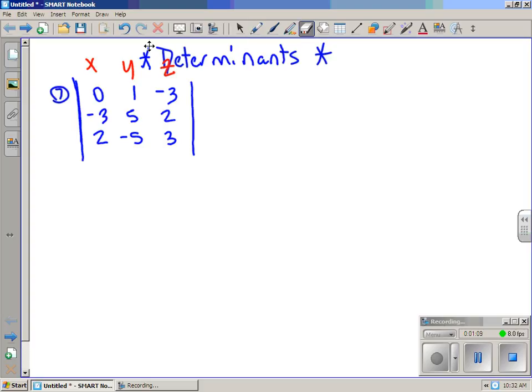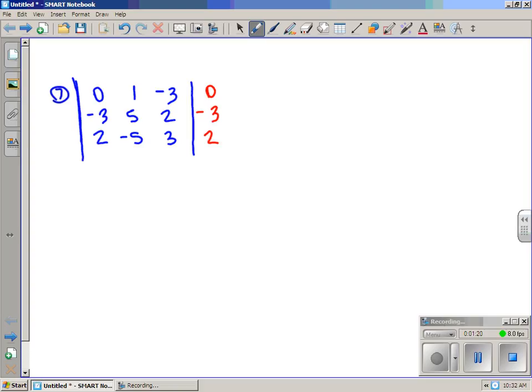To actually evaluate the determinant, you always rewrite your first two columns, which in this case would be 0, -3, 2, and the second column 1, 5, -5. One of the skills that you're supposed to develop from a math class is organization and neatness.